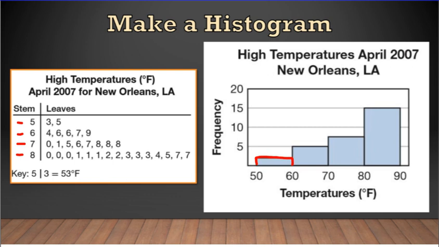The 60s, you got 1, 2, 3, 4, 5, so that's why it's going all the way up to the 5 mark. The 70s, you got 1, 2, 3, 4, 5, 6, 7, 8, so a little more than halfway to 10. And then your 80s, you got 1, 2, 3, 4, 5, 6, 7, 8, 9, 10, 11, 12, 13, 14, 15. So you put the bar all the way up here. So that would be our histogram.